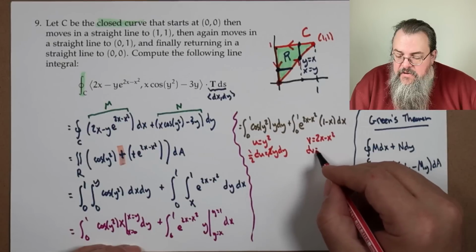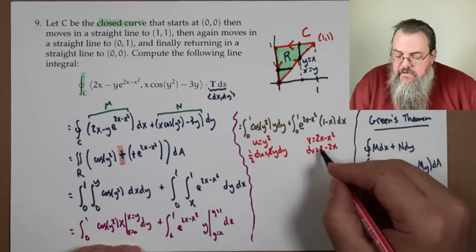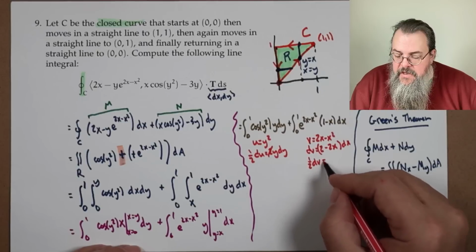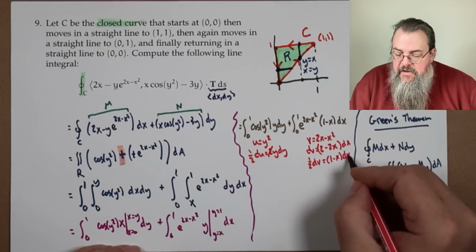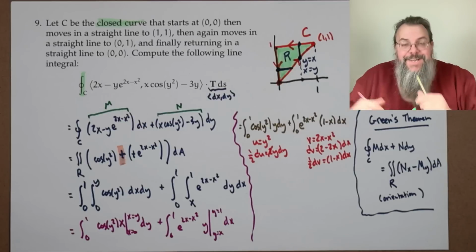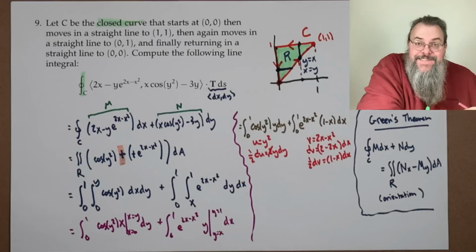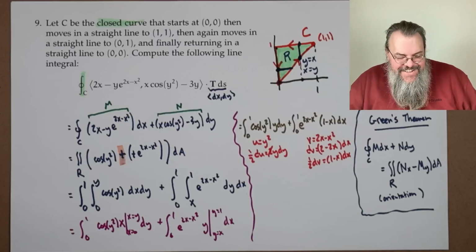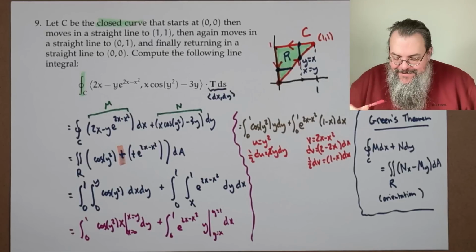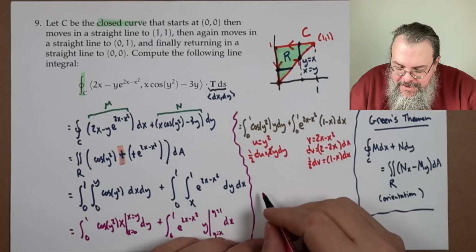Then dv is 2 minus 2x dx, or 1/2 dv is 1 minus x dx. It's almost like it was planned to work, because it was. Okay. All right. Now, let's not get too excited there, right? We still have problem left to do.